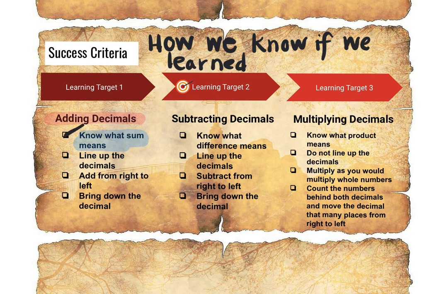The second thing it tells me is that, in order to add decimals, I have to line up the decimals, and then I have to add from right to left, and then lastly, I have to bring the decimal down. Once I learn these skills and practice them, and I know for sure that I can do them, then I can mark everything off, because that tells me I've learned how to add decimals.